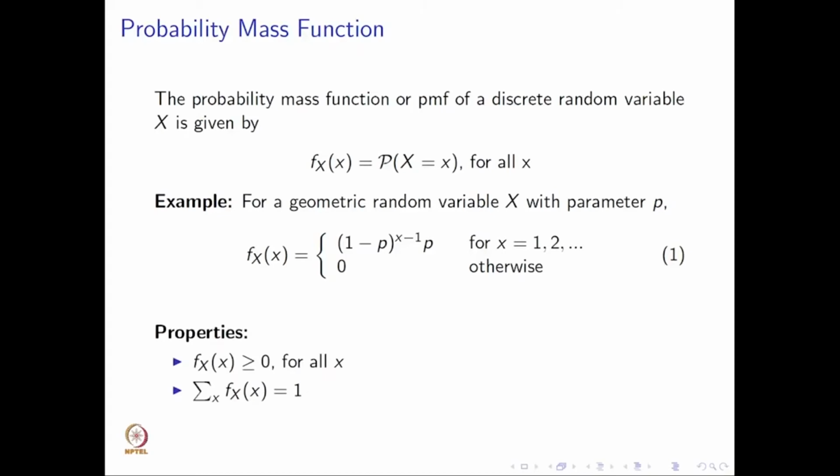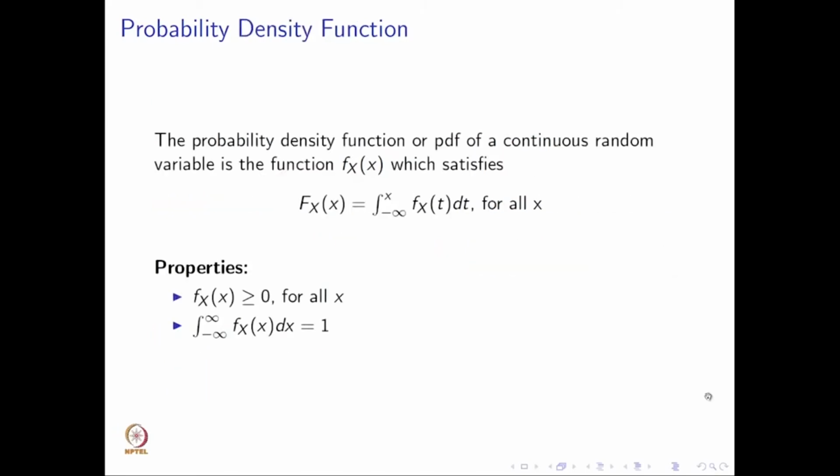A function is a valid probability mass function if it satisfies the following two properties. First of all, the function must be non-negative. Secondly, the summation over all x, the value of the function summed over all values of x, should be equal to 1. For continuous random variables, we consider the probability density function. The probability density function or PDF of a continuous random variable is the function fX(x) which satisfies the following.